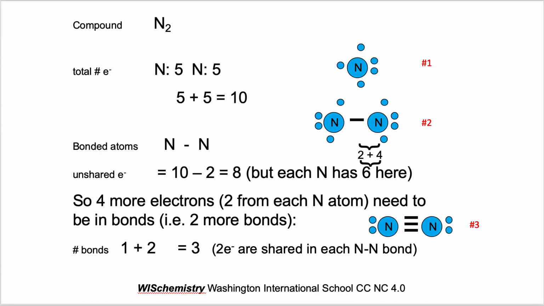And we need to use 4 more electrons, so it's going to be a double bond, 2 more bonds added to make a triple bond between the nitrogen atoms, and a single unshared pair of electrons on each nitrogen atom.